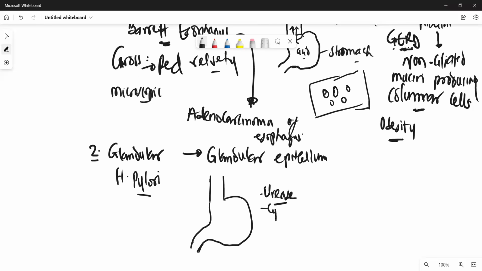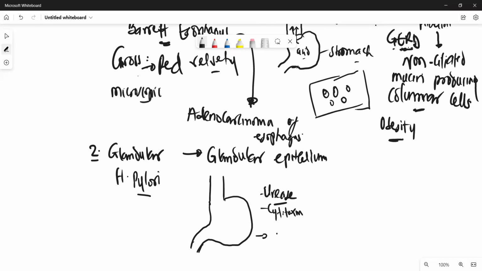It will also produce a lot of cytotoxin, which can damage the stomach. It can produce protease and so on and so forth. So all these can place a lot of stress on the stomach, and that can make the glandular epithelia inside the stomach change into the type of epithelia that we normally see in the intestine.